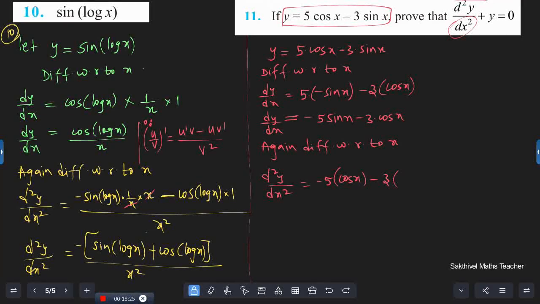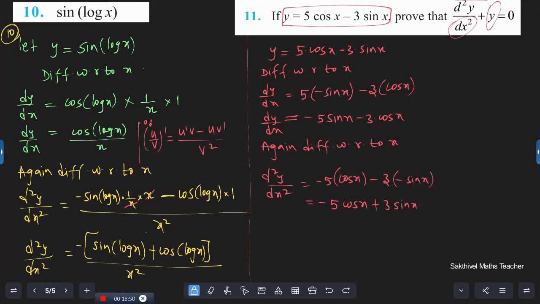Minus 3 into cos derivative, which is minus sine. That's it. Now simplify. Minus 5 cos x, minus into minus gives plus 3 sin x. That's it. Okay. Now I need, see children, d square y divided by dx square plus y.